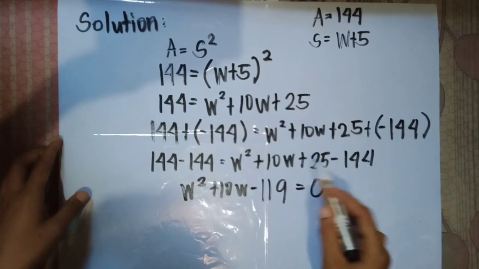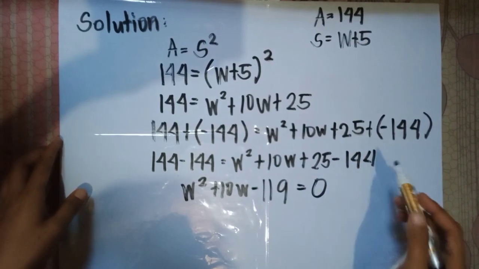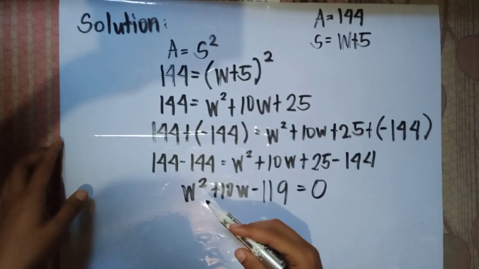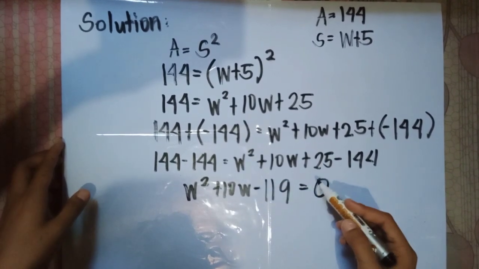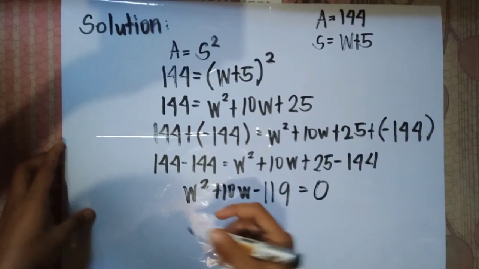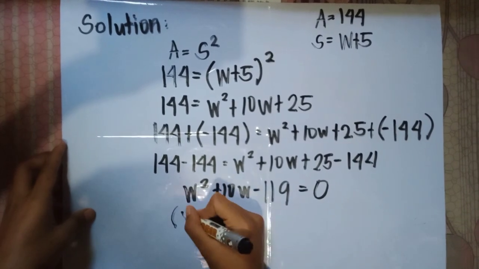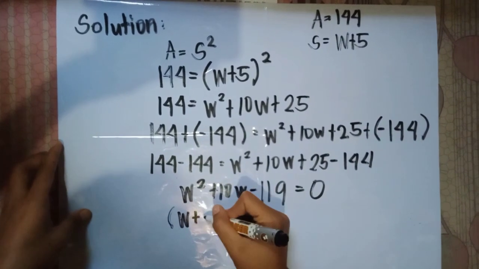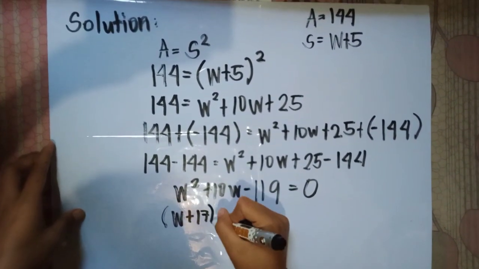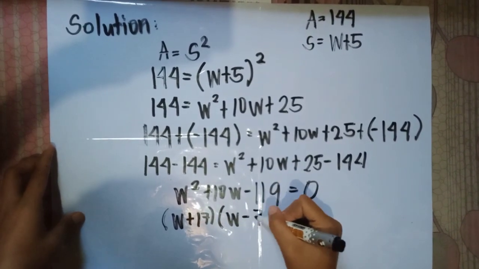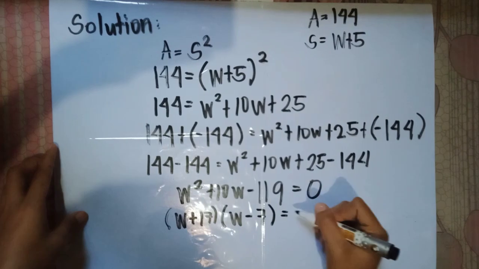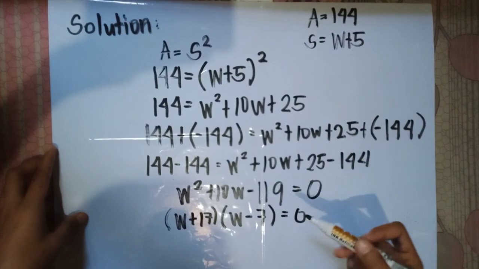Since the quadratic equation is already written in standard form, factor the expression w squared plus 10w minus 119 equals 0. Its factored form is w plus 17 times w minus 7 equals 0.